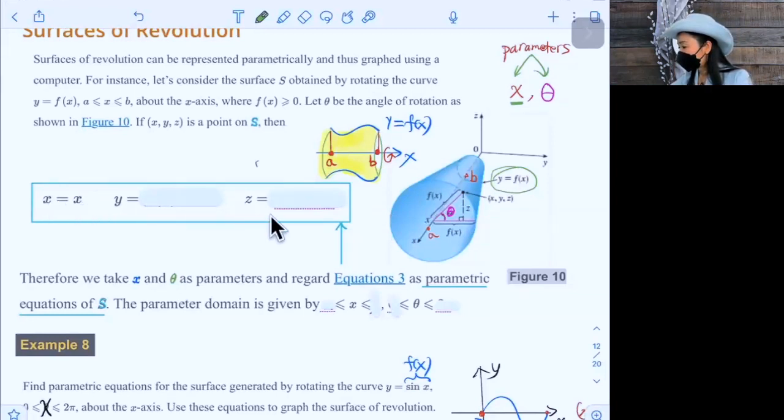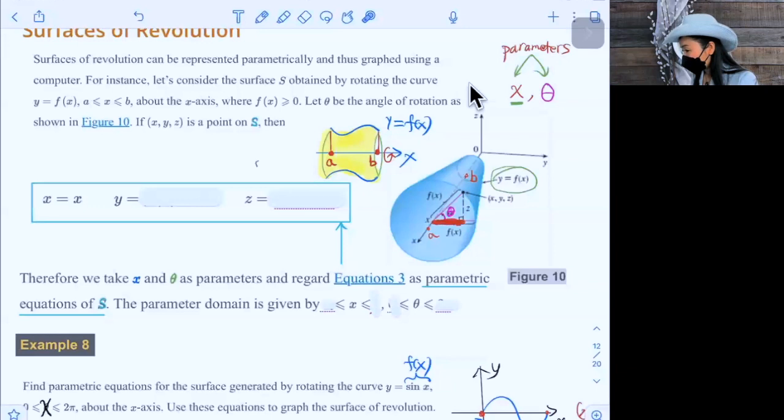What about the y coordinate? Take a look at the y coordinate at this point over here. I'm going to highlight this. Is it from here to here?